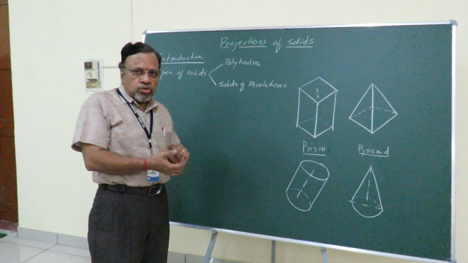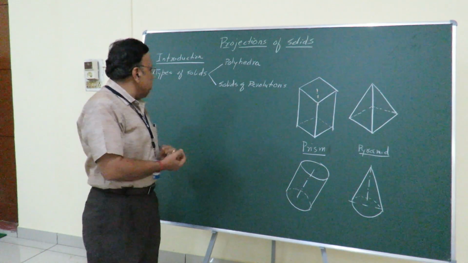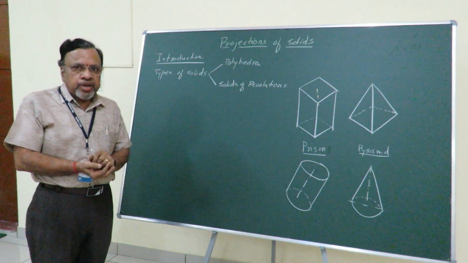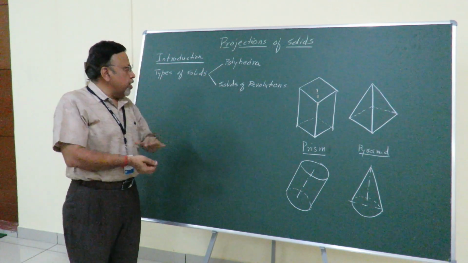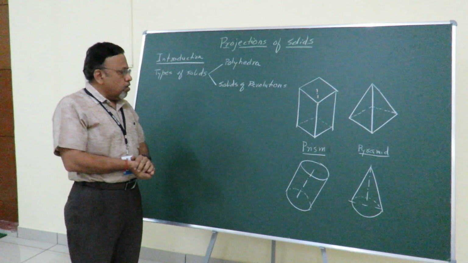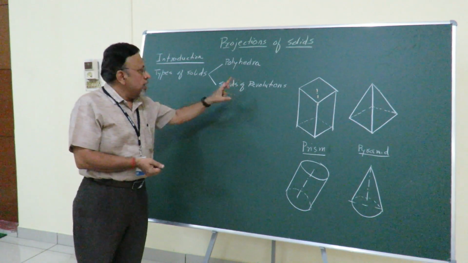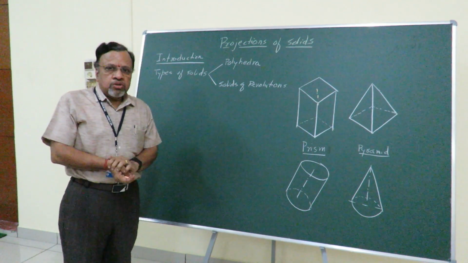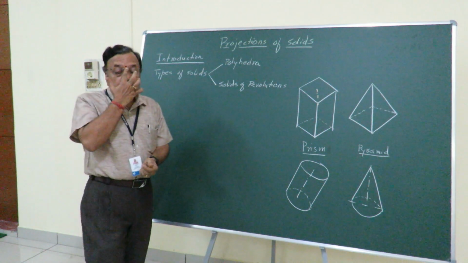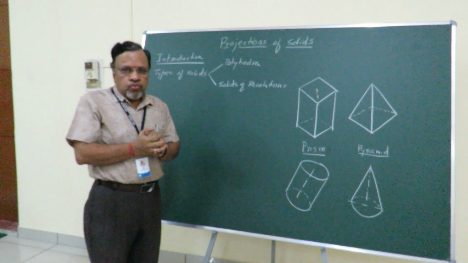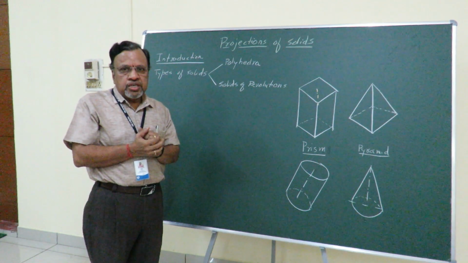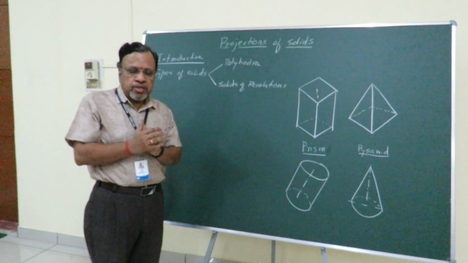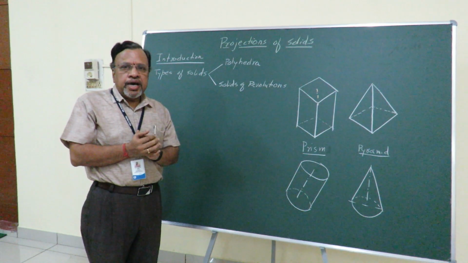Let us come to solids. Generally, solids can be grouped into polyhedra and solids of revolution. Polyhedra: what is a polyhedron? A polyhedron is a solid which is bounded by planes or plane figures, and those plane figures can be considered as faces.